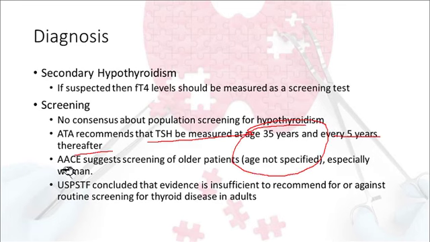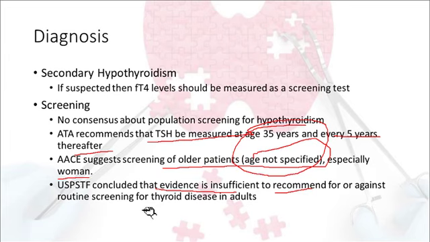The American Association of Clinical Endocrinologists, however, suggests screening older adults, but the age is not specified, and they say you should definitely screen women. The US Preventive Services Task Force, however, concluded that there was insufficient evidence to recommend for or against screening via TSH. However, there are some patients you can consider screening for TSH.